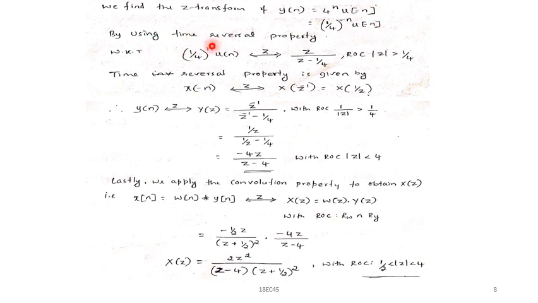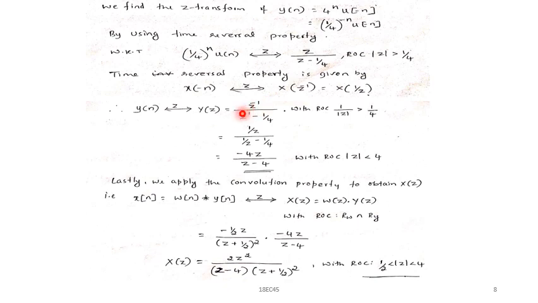Now by using the time reversal property, we know that the z transform of (1/4)^n u of n is z by z minus 1 by 4, with ROC mod z greater than 1 by 4. Now I'll use the time reversal property here. The z transform of x of minus n is x of z inverse, or x of 1 by z. Therefore y of n has z transform y of z, so I'll replace z by z inverse, or 1 by z.